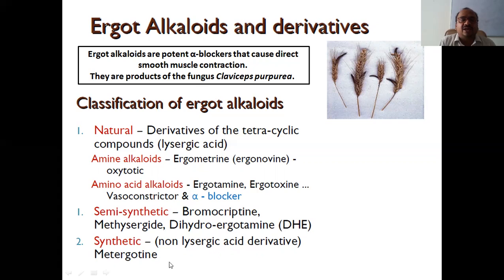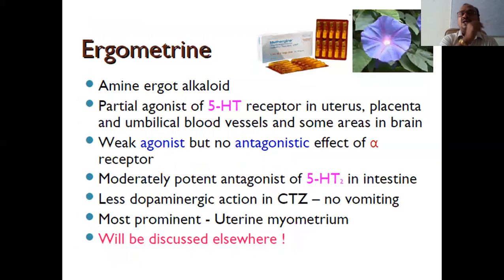DHE, dihydroergotamine. Synthetic, finally synthetic, non-lysergic acid derivative. This is opposite to that one. Okay, metergoline. And this is about ergotamine, very powerful in the CTZ, chemoreceptor trigger zone. It is very powerful for nausea and vomiting.